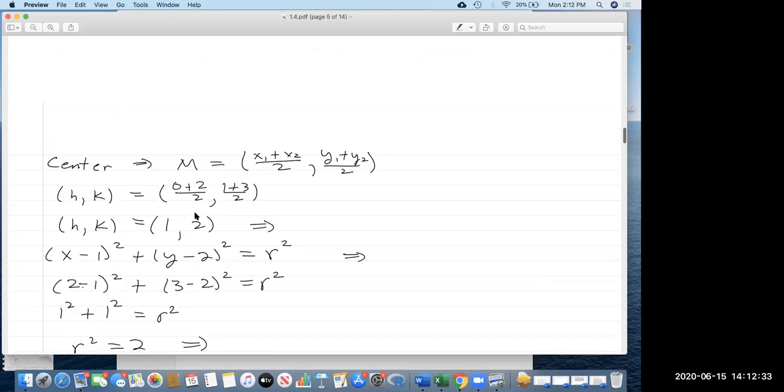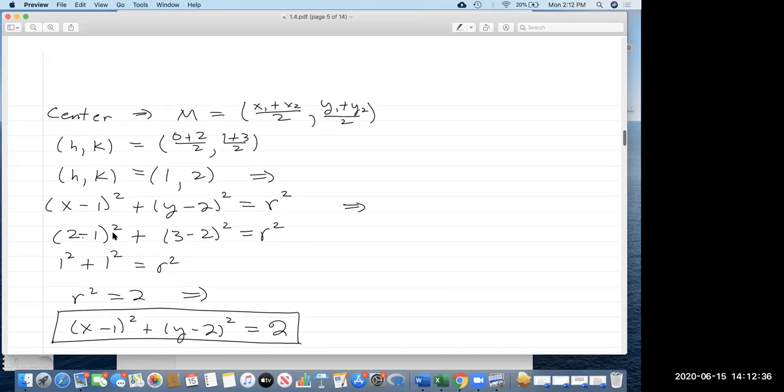So replace x by 2, y by 3 in the above equation. 2 minus 1 is 1. 3 minus 2 is 1. 1 squared is 1. 1 squared is 1. 1 plus 1 is 2. So r squared is just 2. Therefore, the equation of my circle is (x minus 1) quantity squared plus (y minus 2) quantity squared equaling 2. Any questions about that?